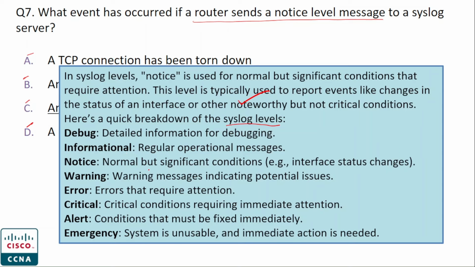Notice, normal but significant conditions such as interface status changes. Warning, messages indicating potential issues. Error, errors that require attention. Critical, conditions requiring immediate attention. Alert, conditions that must be fixed immediately. And emergency, system is unusable and immediate action is needed.